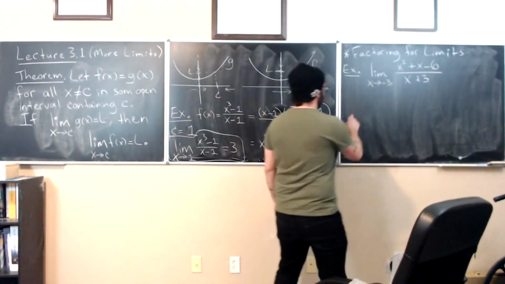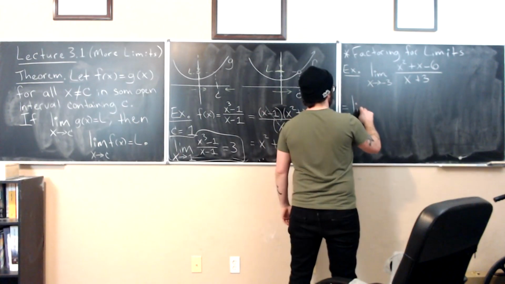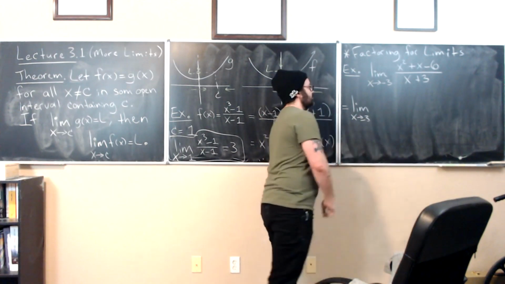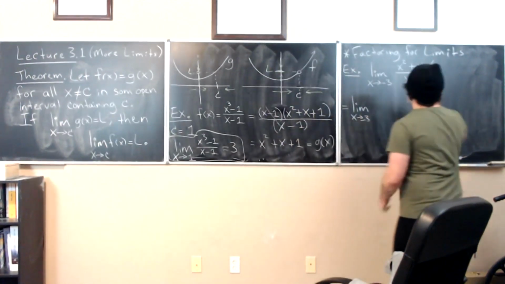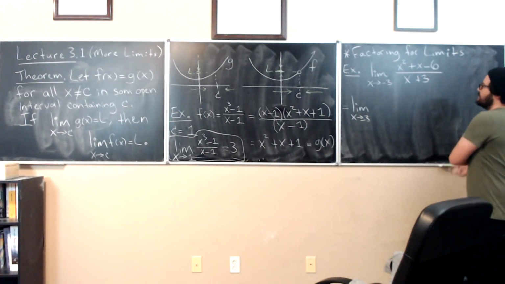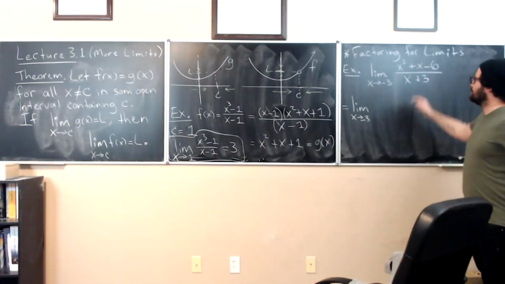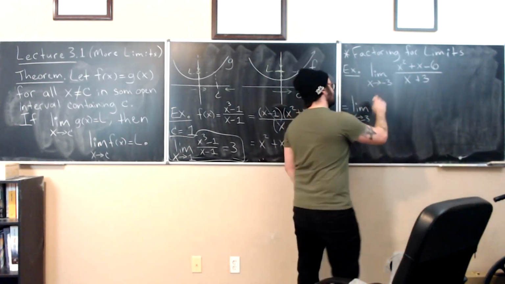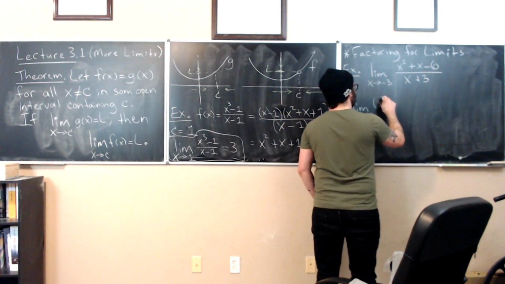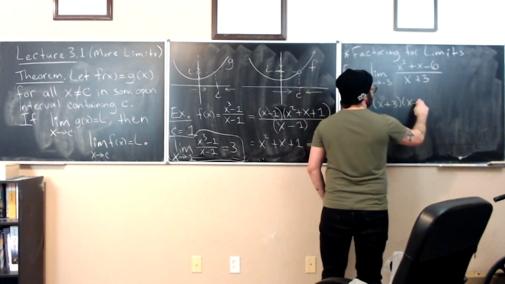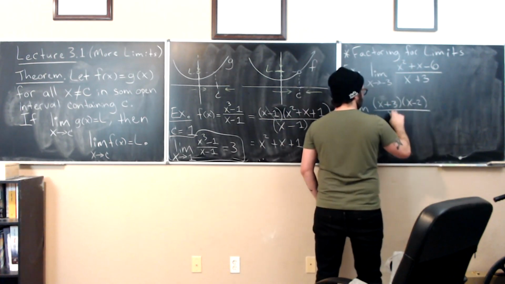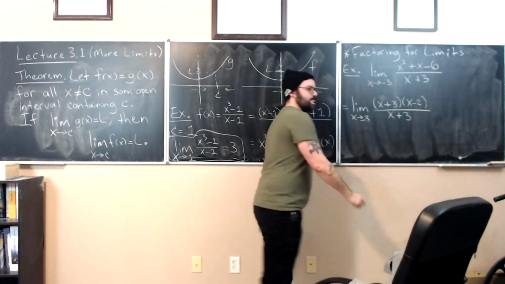So can we factor this? We're heading towards -3. So factoring the numerator, what times what equals -6 that together add to the coefficient of x there, which is 1? +3 and -2. So we can factor. This would be x plus 3 times x minus 2 in the numerator, and in the denominator, x plus 3.